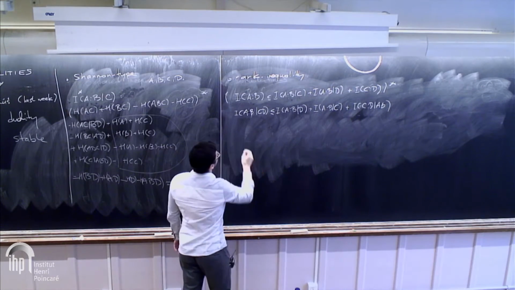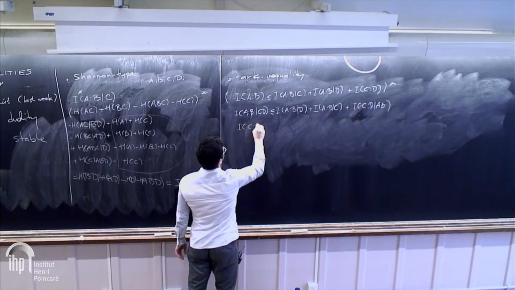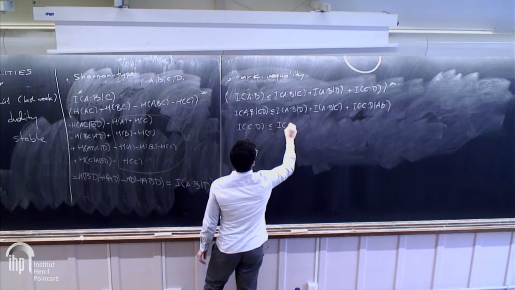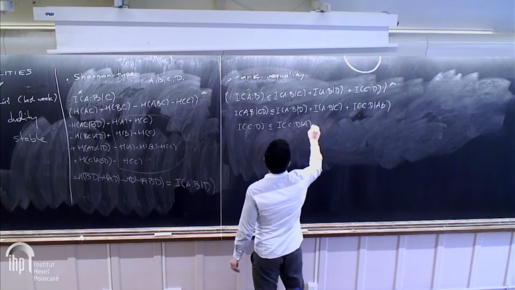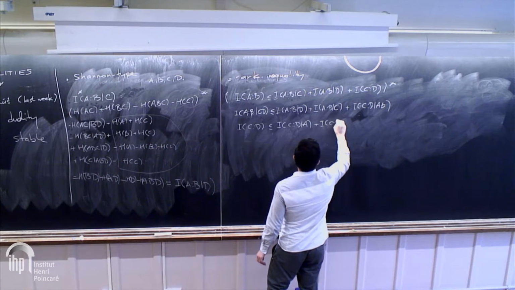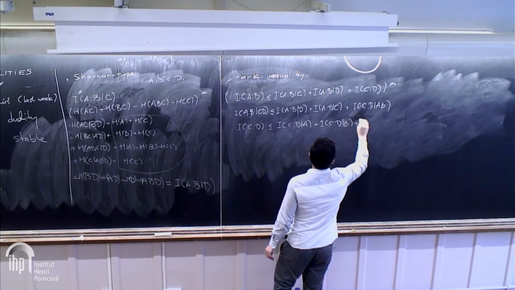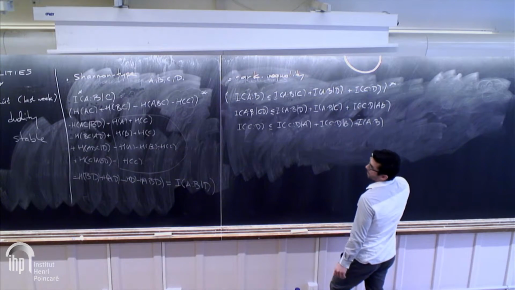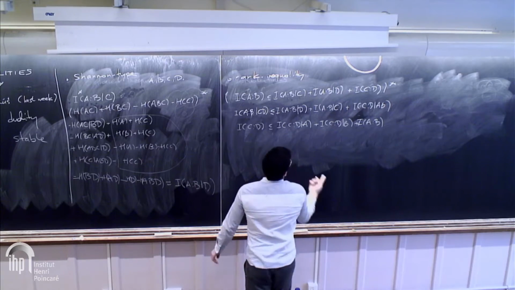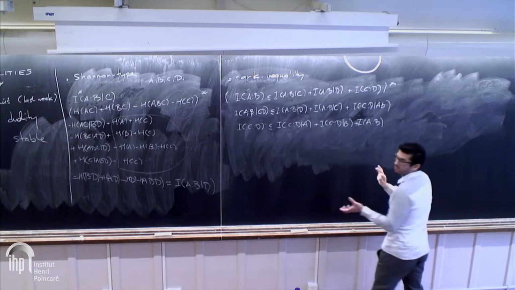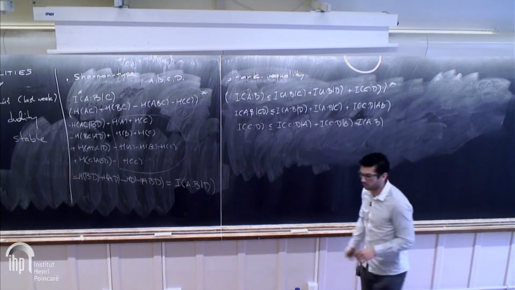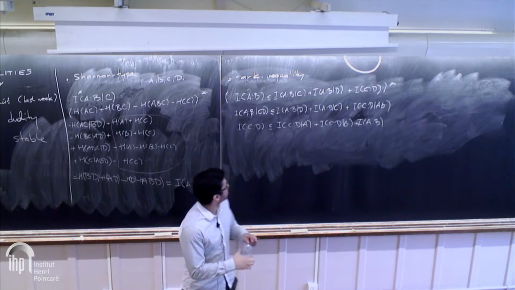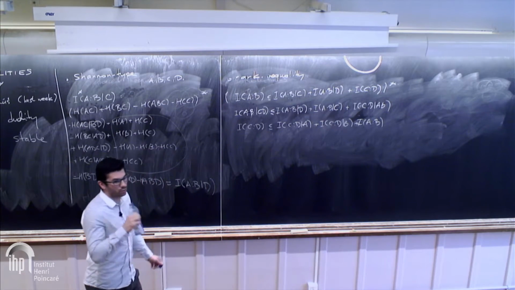This doesn't look like anything, but if you write it out, you get something like this, which is just the Ingleton inequality, but on another side of the cone. So in some sense, the Ingleton inequality is self-dual.